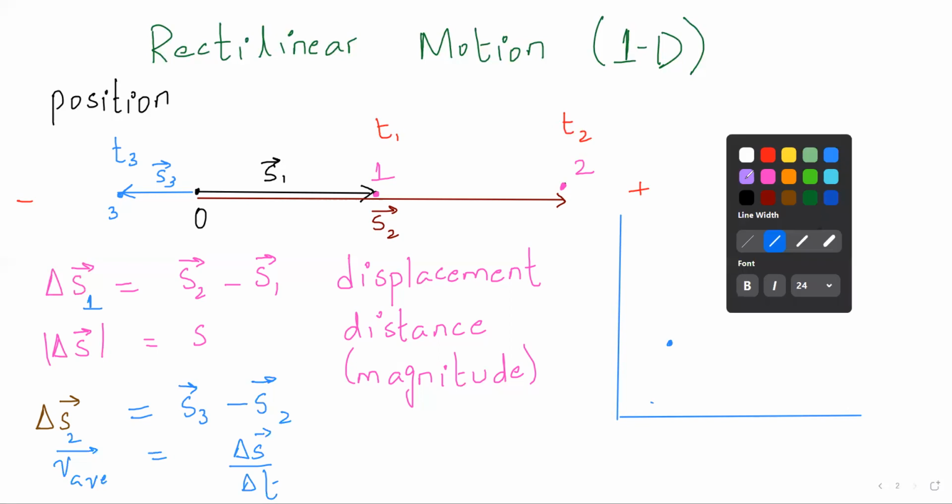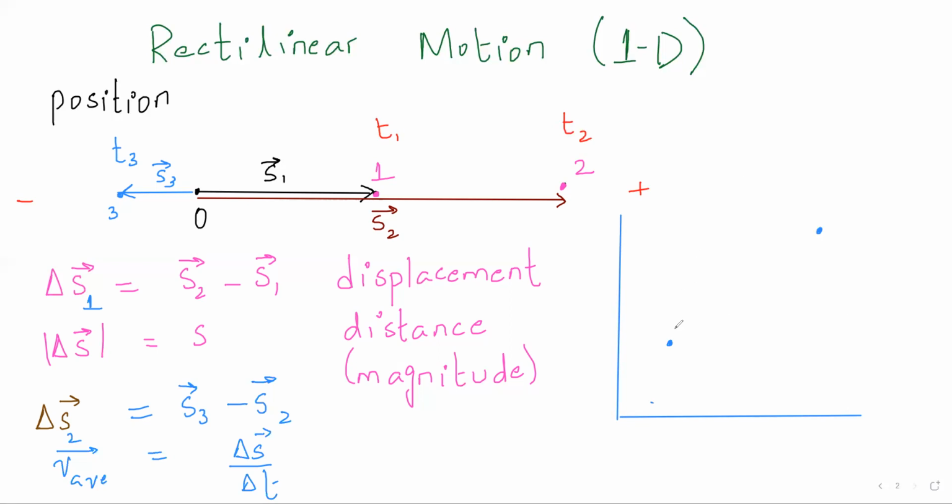And let's say the object is going in this path. Let's say this is your time. Let's say this is your position. And the object's position is going like this. Let me make it a little easier for me. So if you want to talk about average velocity, it will be delta S by delta T. So average velocity will be like this. I hope it is visible on the screen.